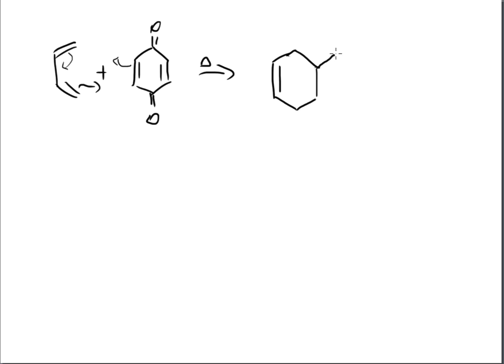Up it goes, down it goes, and we form this other ring just like this. Good. That's your product. But it doesn't have to stop there. We can go on. What if I did 2 moles of this stuff? This reaction can go another step.